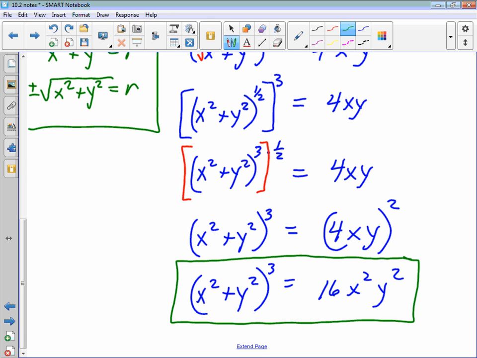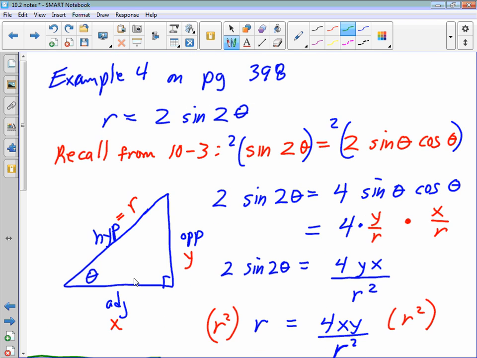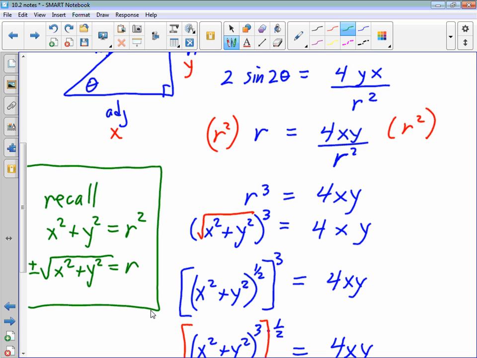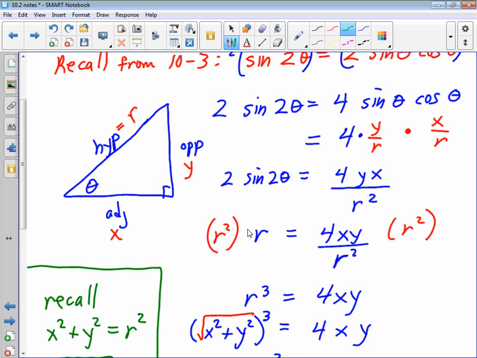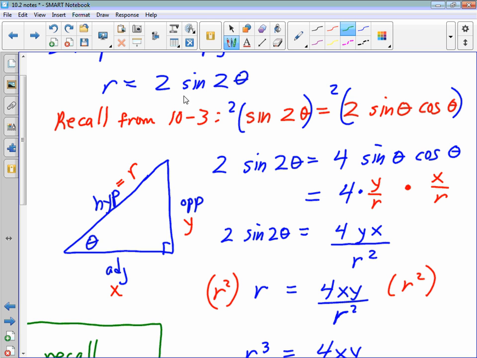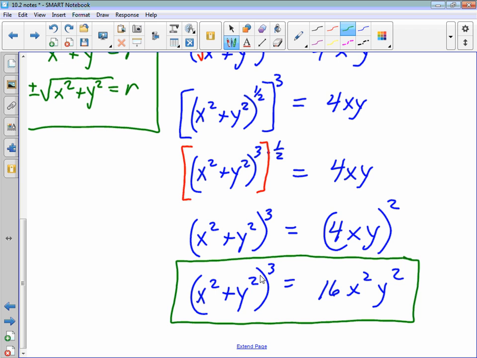You all are really bright, and you impress me all the time, but I thought I better expand on that a little bit. So here's a rectangular equation. We started with a polar equation. What did we start with? Way up there, r equals 2 sine 2 theta, and we converted it into a rectangular equation: x squared plus y squared cubed equals 16 x squared y squared.